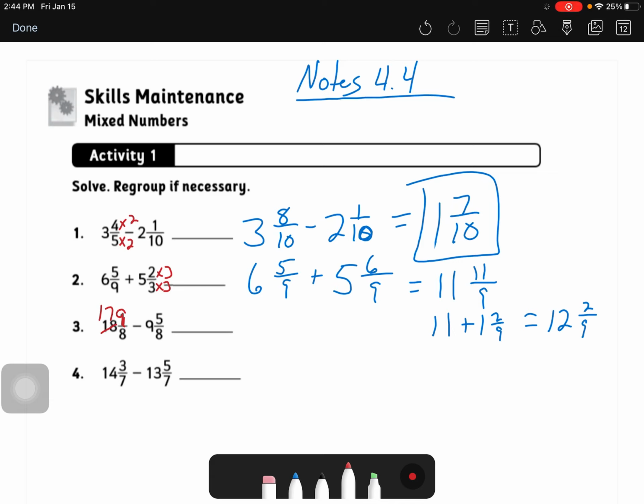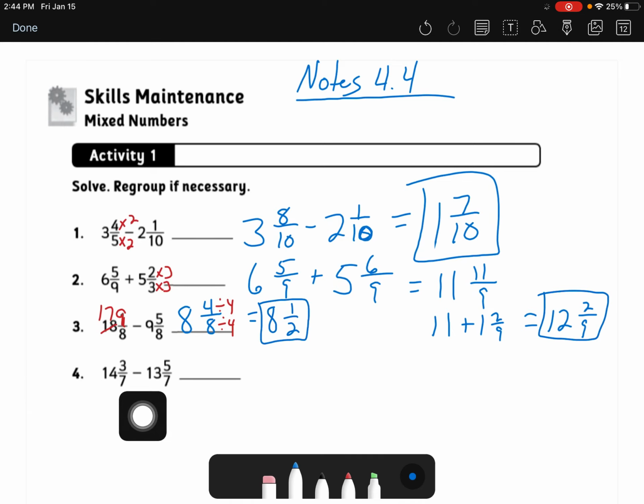So 17 minus 9 is 8, and 9/8 minus 5/8 is 4/8. Now this one's going to require simplifying. So now I want to divide by 4. 4 and 8 can both divide by 4. So that's going to be 8 and 1/2. My answer for number 2.